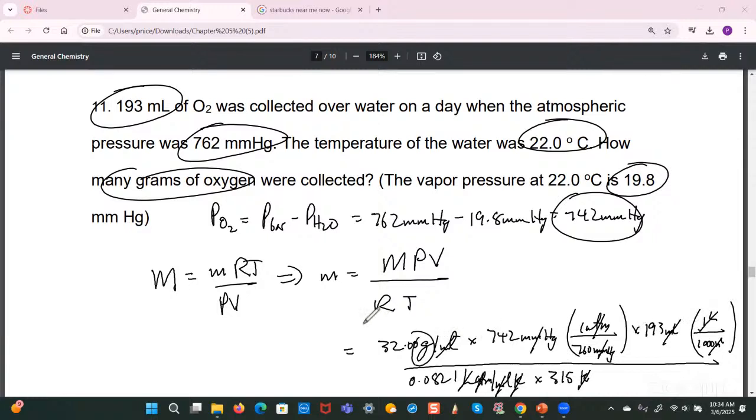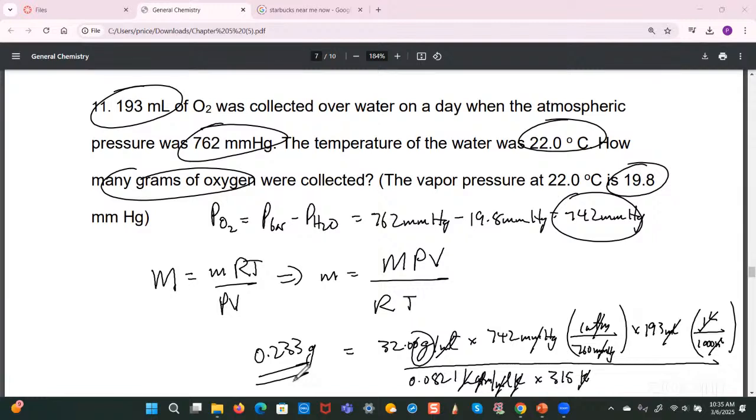So let's see what this gives. 32 times 742 divided by 760 times 193 divided by 1,000, and then divide that by 0.0821 times 315. According to my calculation, how many sig figs? 3 sig figs, okay. So this rounds off to 0.233 grams as the final answer.